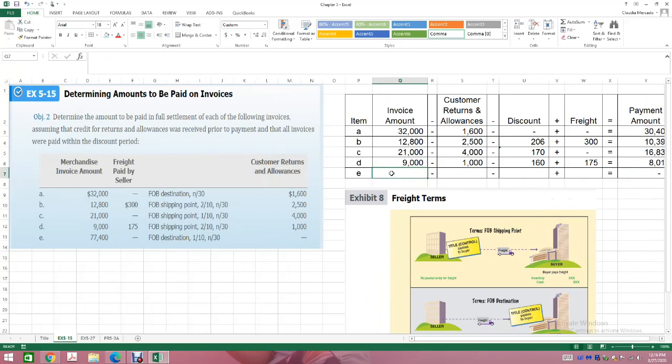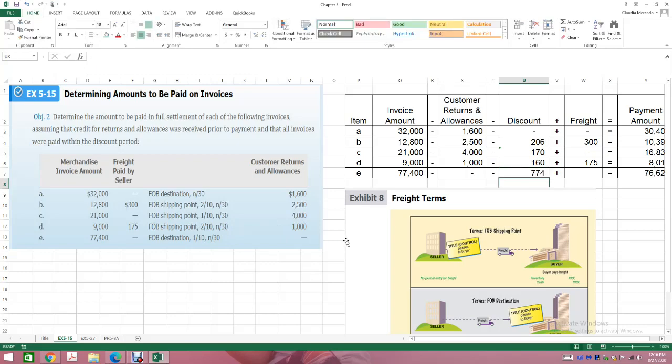Okay. The last item we have is letter E. The invoice amount is $77,400. We do not have any returns. Okay. Did they offer a discount? Yes, they did, of 1% if we paid within 10 days. If not, everything is due within 30 days. So my discount is going to be, in this case, I don't have any returns, so it'll just be my $77,400 times my 1%.